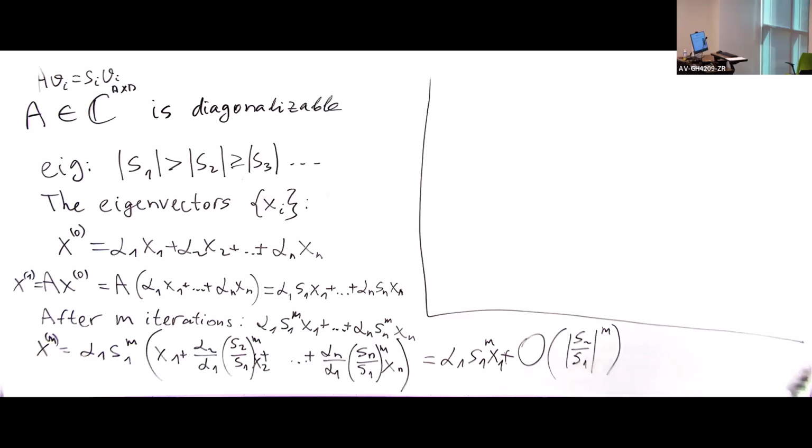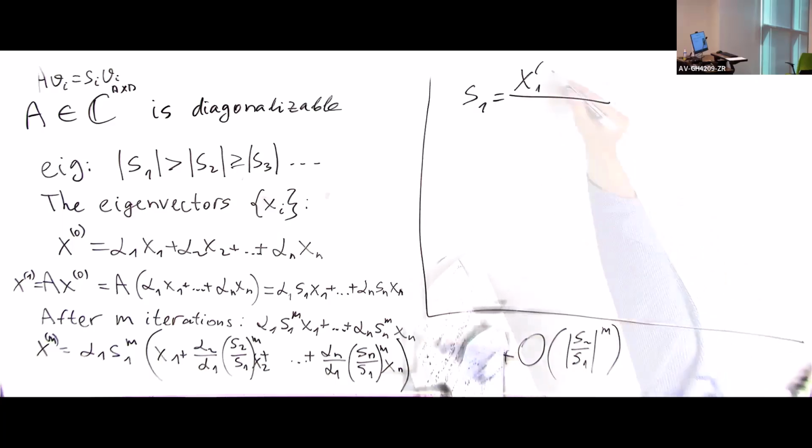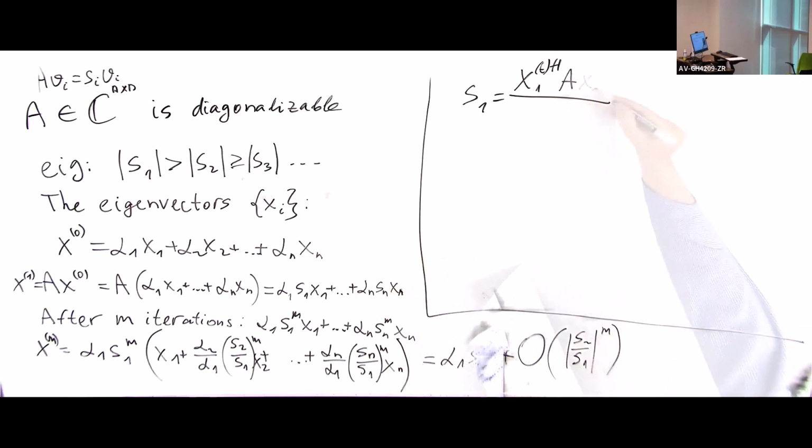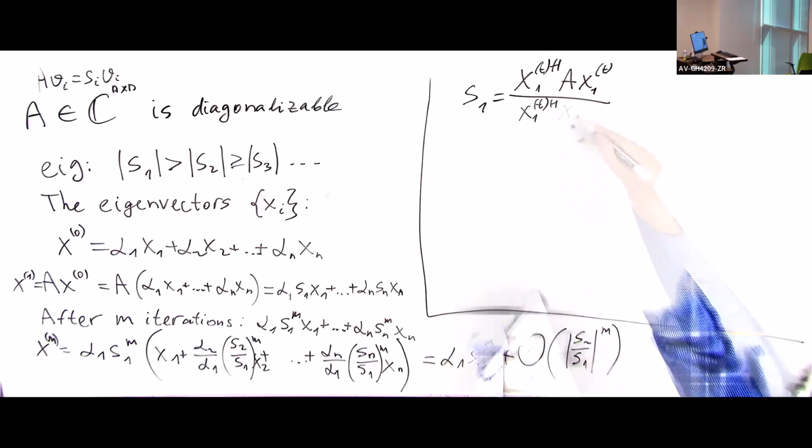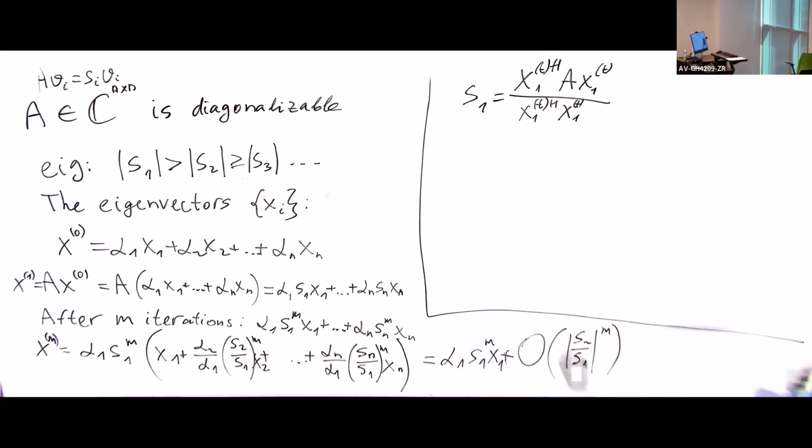The claim is that S1 will be equal to X_t Hermitian transpose A X_t divided by X_t Hermitian transpose X_t. This is the formula for the Rayleigh quotient.